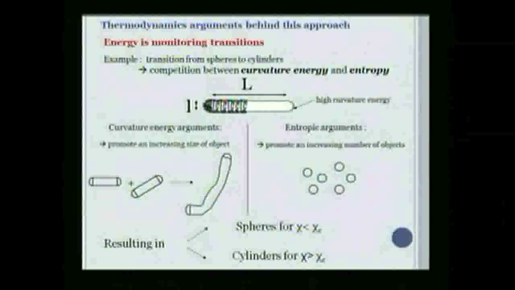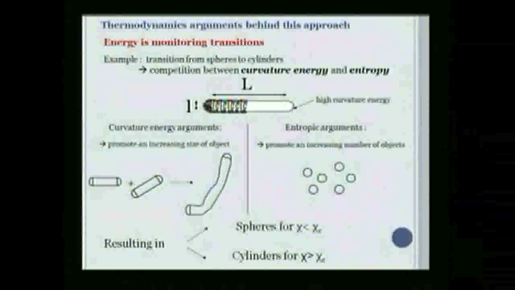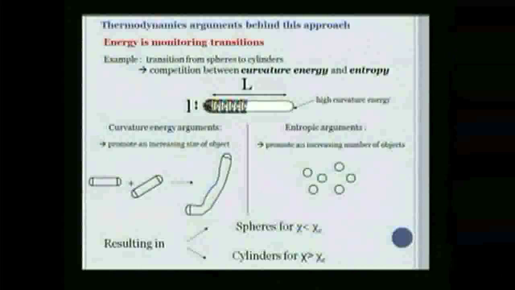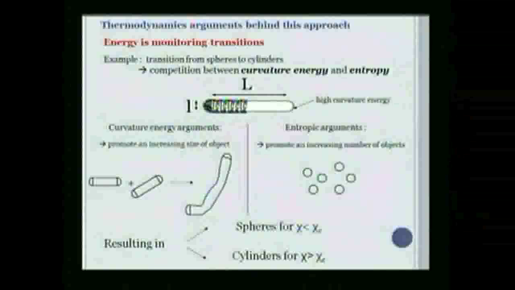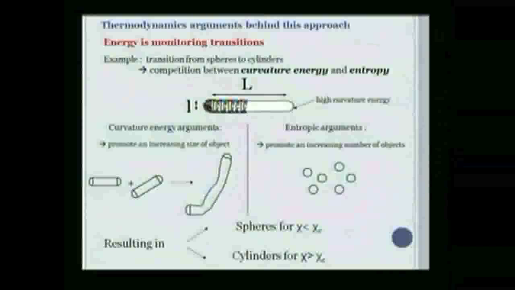In a cylinder like this one, you have high curvature energy on this part of the cylinder. But in this part, you have less energy because you have curvature in one direction, but not in the other direction compared to a sphere.